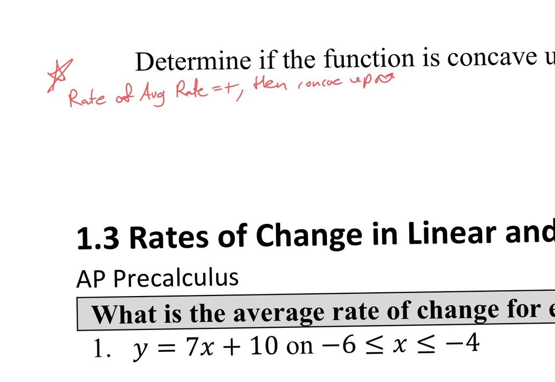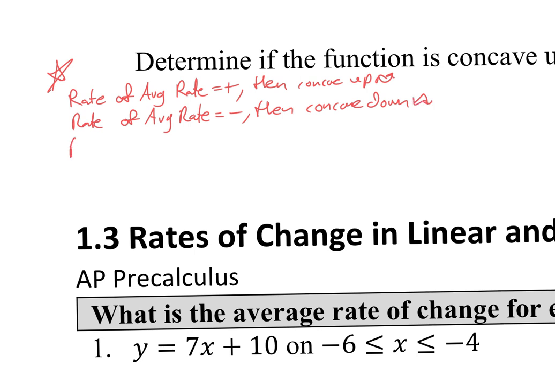And if the rate of the average rate is negative, then it's concave down.